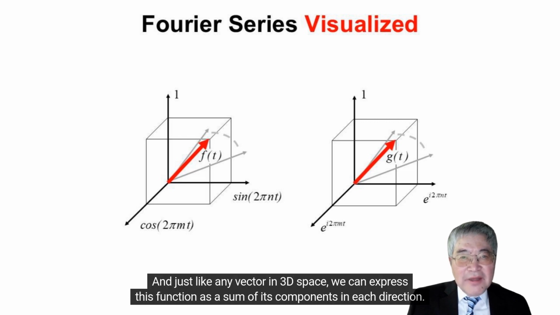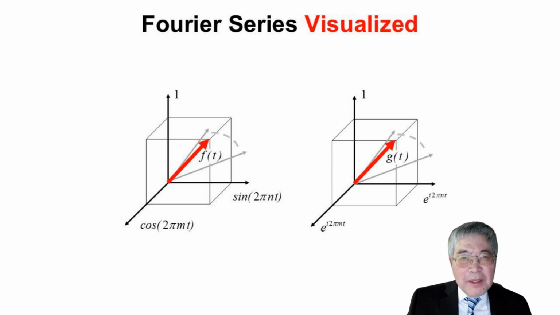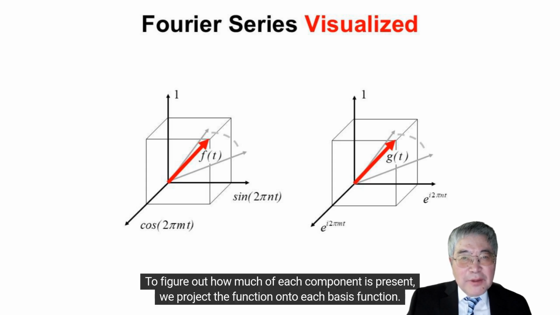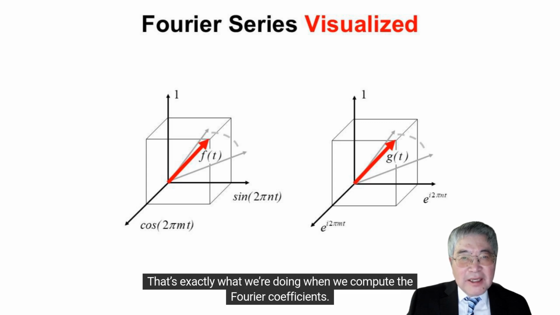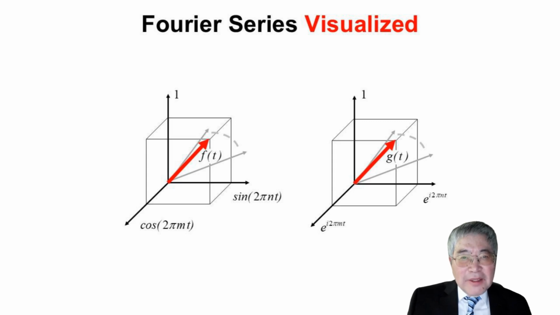And just like any vector in 3D space, we can express this function as a sum of its components in each direction. But in our case, the directions are sine, cosine, and the constant function. To figure out how much of each component is present, we project the function onto each basis function. That's exactly what we're doing when we compute the Fourier coefficients. We're just asking how much of cosine is in this signal, how much of sine, and so on.